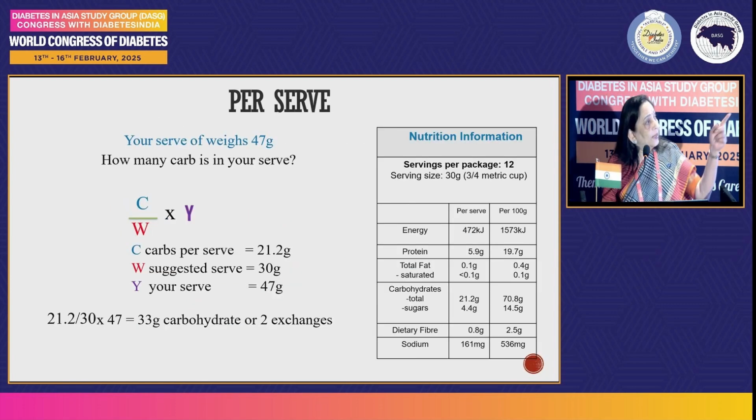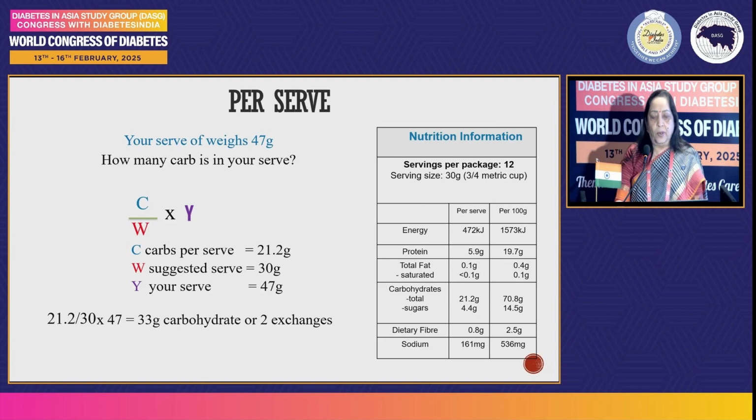You can see this label, per serving. Suppose the patient is having 47 grams of this food, so how much is it per serving? Carbohydrate divided by weight: the carbs per serving is 21 grams and the suggested serving is 30 grams. So one serving is 30 grams.